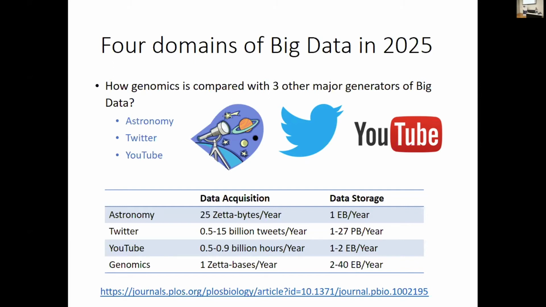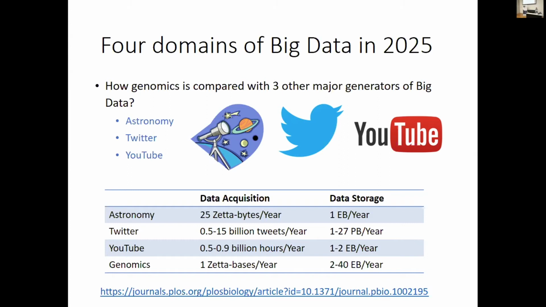These are estimations for 2025 based on the historical projections. There are 25 zettabytes per year of data generation in astronomy, which ends up as 1 exabyte per year of data storage. And you'll see here, as discussed by Katharina, there is some sort of in situ data reduction, so the amount of storage is less than what has been generated, as estimated by this study.